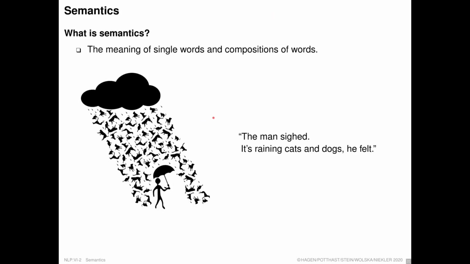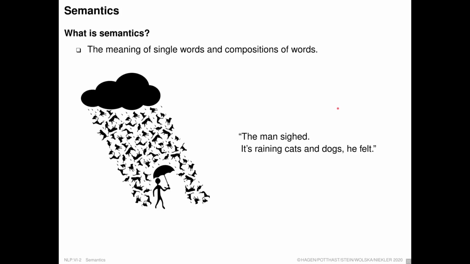So the question is basically, what do words mean in general, and what do phrases mean? Here's an example of something that is not straightforward. The man said, it's raining cats and dogs.